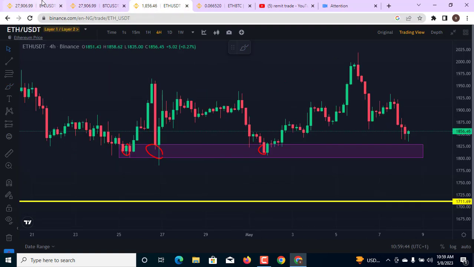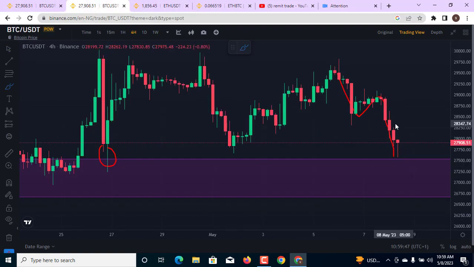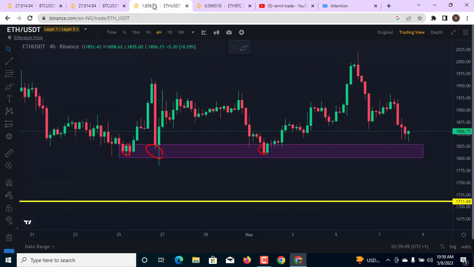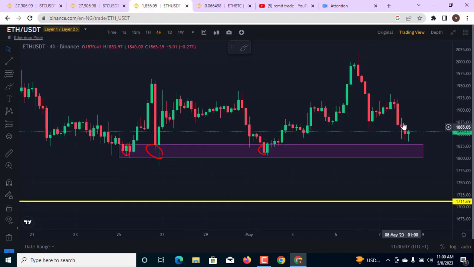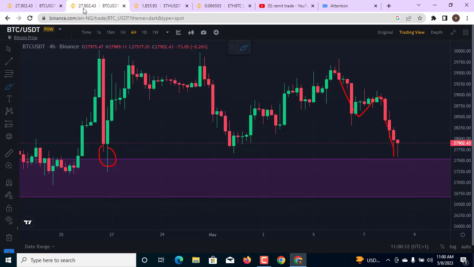The reason is because the market is moving aggressively on BTC compared to what we are seeing on ETH, and the reason behind that is because the ETH BTC chart is going in the direction of ETH. If you look at this chart, ETH BTC 4-hour chart, the market is moving to the upside in the direction of ETH. That also means that ETH will have a sluggish movement for ETH USDT compared to BTC USDT.